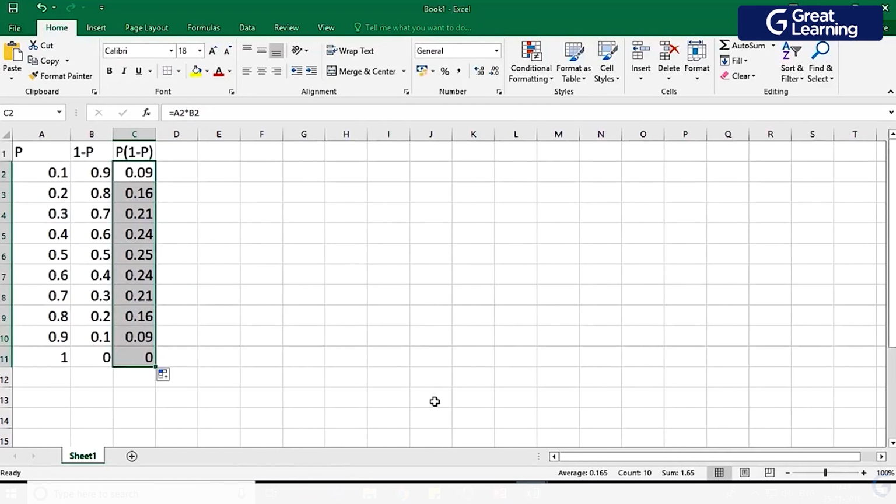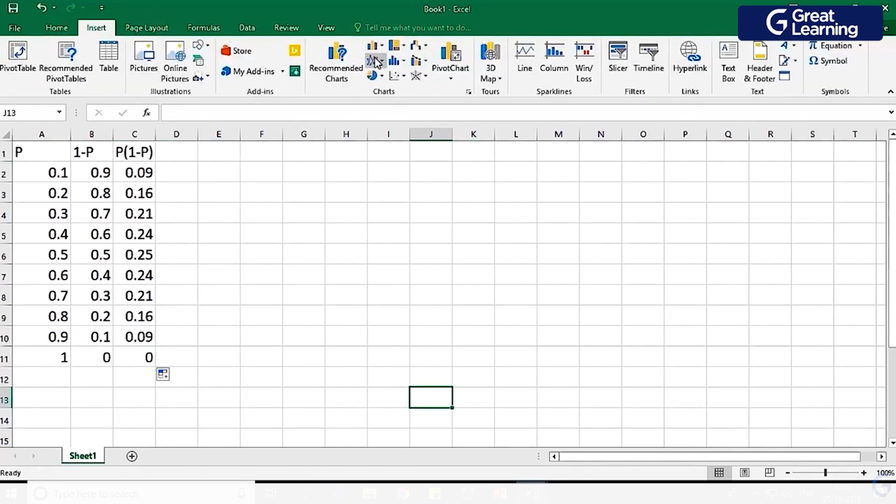So this is maximum. Insert a graph if you want to, line graph.